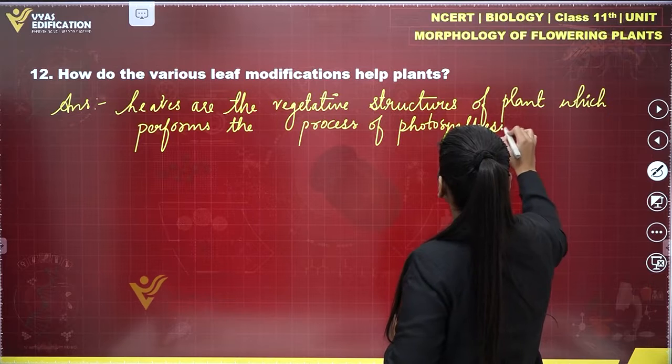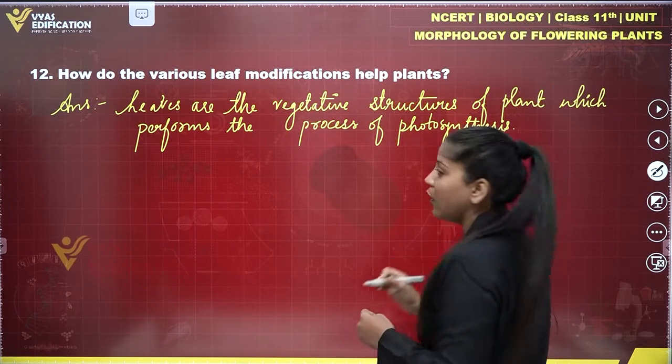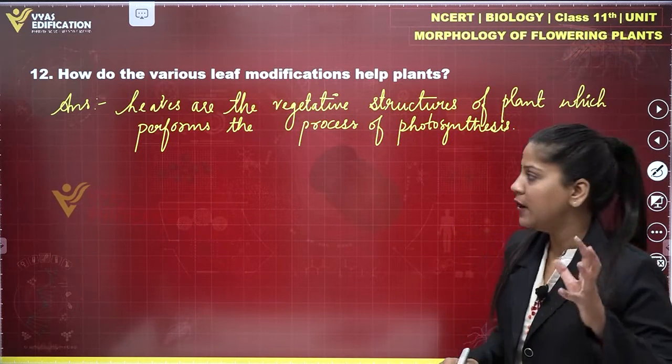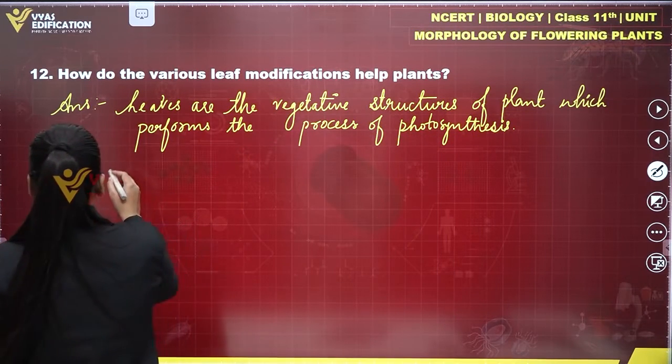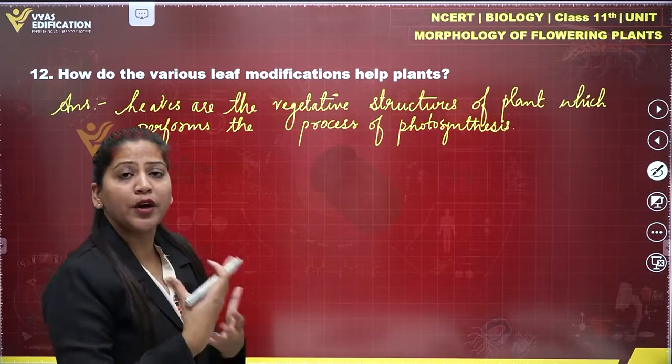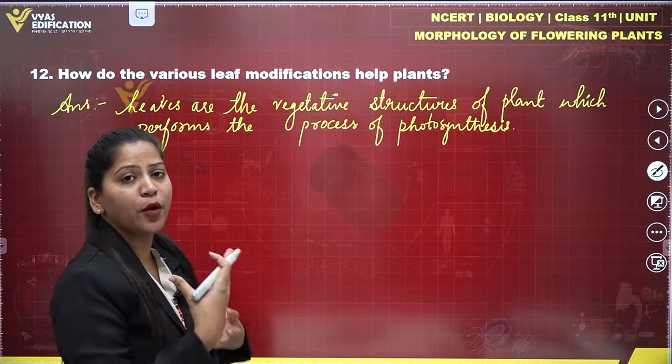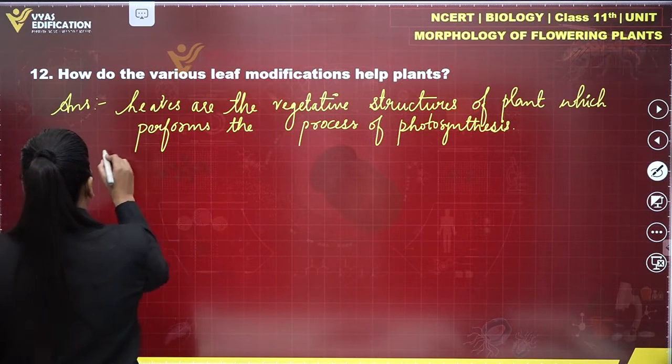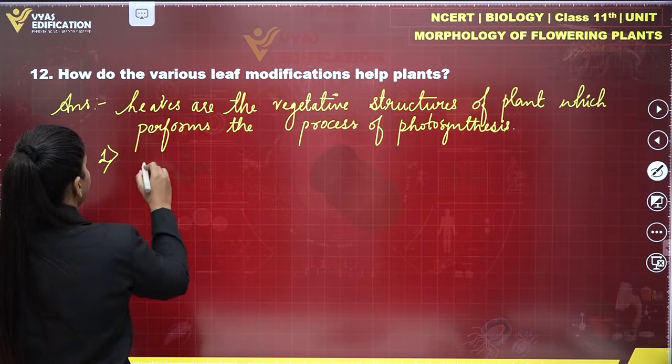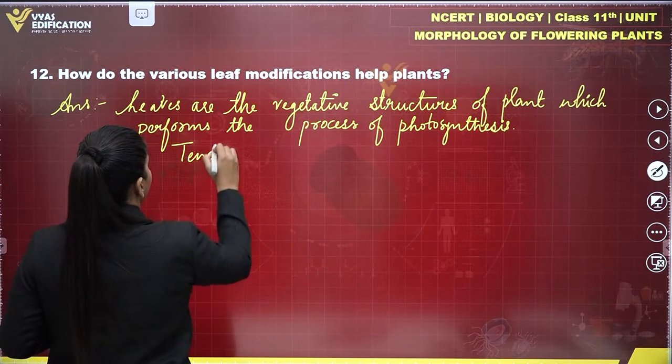That means they synthesize food, right? But we have some modifications. Sometimes leaves are modified into different structures to perform different functions in them. So the first modification of leaf we have is tendril.